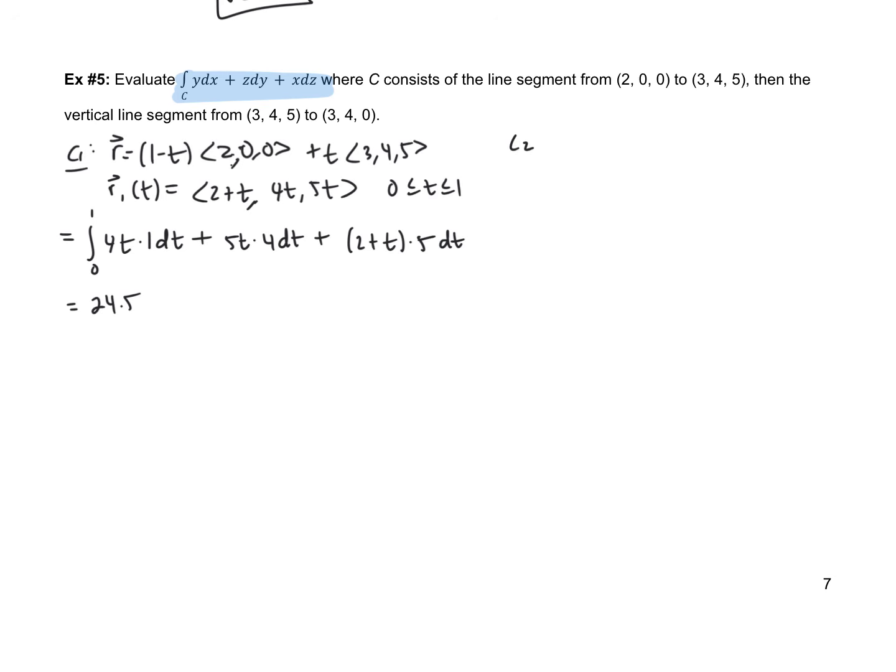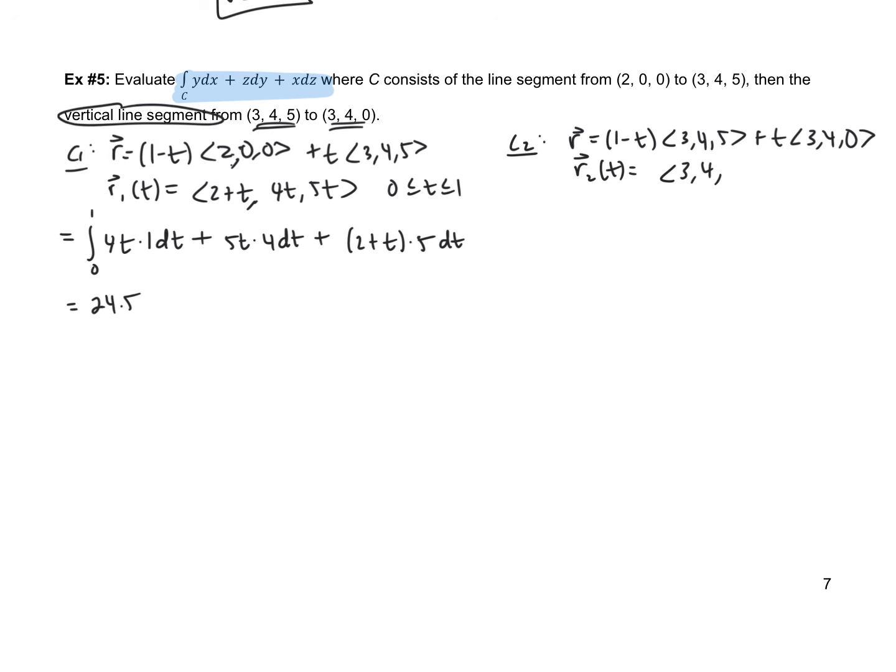Okay, so now along C2 being the vertical line segment that goes from 3, 4, 5 to 3, 4, 0, starting in a similar way, we get 1 minus t multiplied by the vector for our starting point plus t times the vector for our ending point. And I will tell you that ends up being, no surprise here, 3, 4, 5 minus 5t.